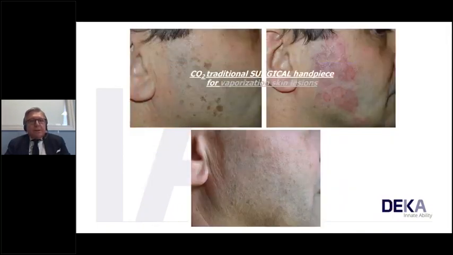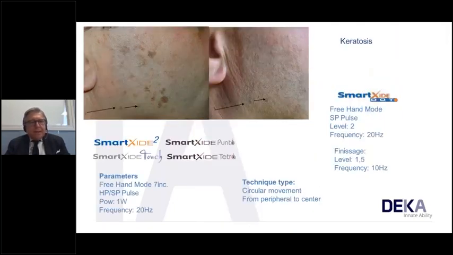The CO2 traditional surgical handpiece allows us to vaporize, and you can see the results after 1 month. The same for pigmentation. You can note down the parameters that we can have with the new models, SmartXide 2, touch, punto, and tetra.